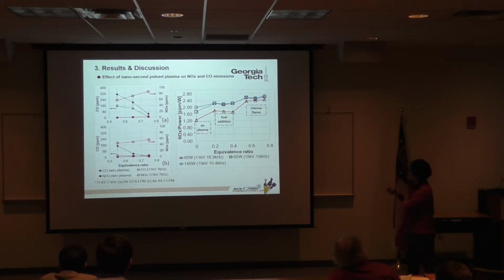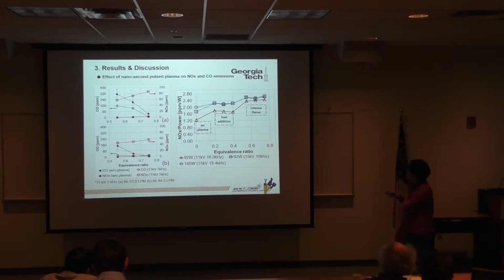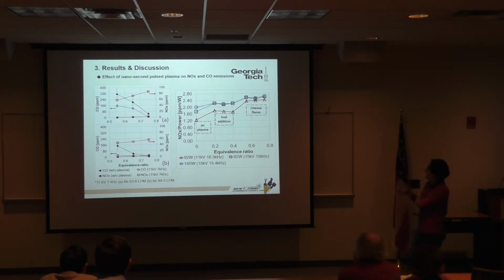First is air plasma without any fuel addition, then a small amount of fuel addition, and then intense flame. Then I increased the voltage and decreased the frequency under the same power. NOx increased at the higher voltage, which means that NOx emission is mainly governed by the peak voltage rather than the pulse frequency.